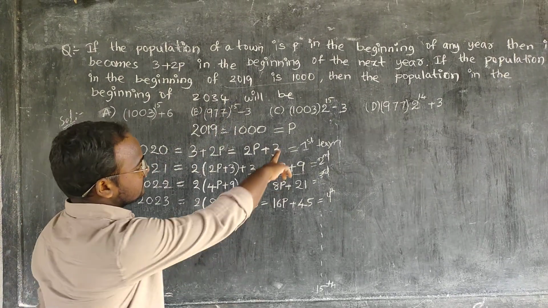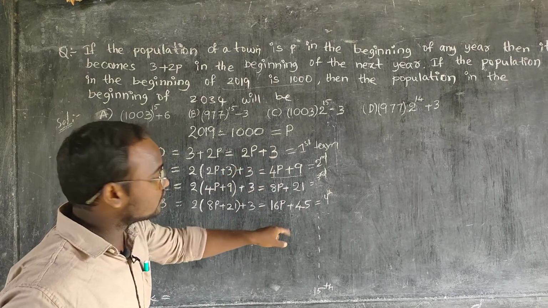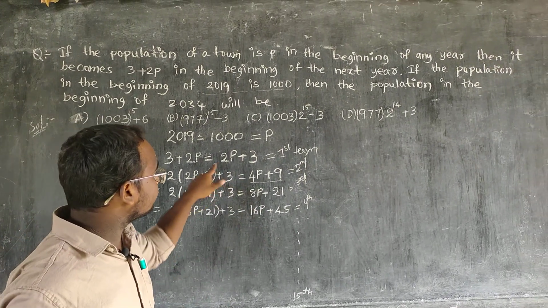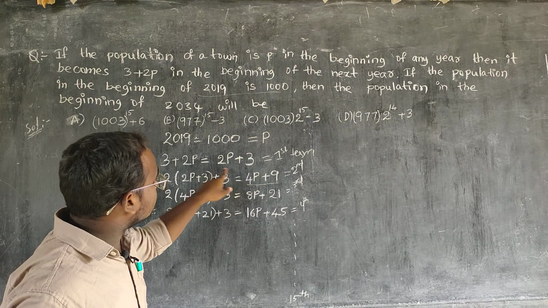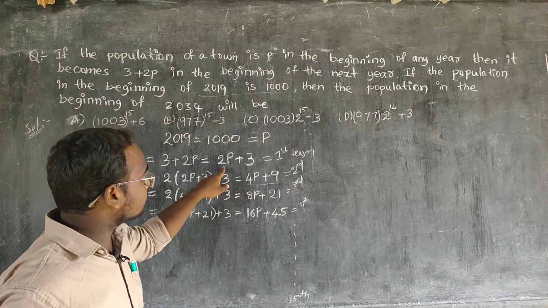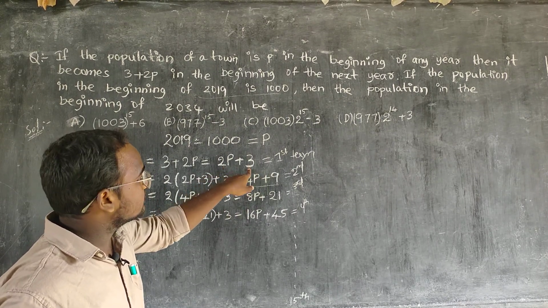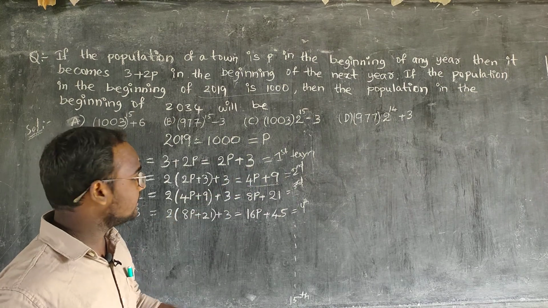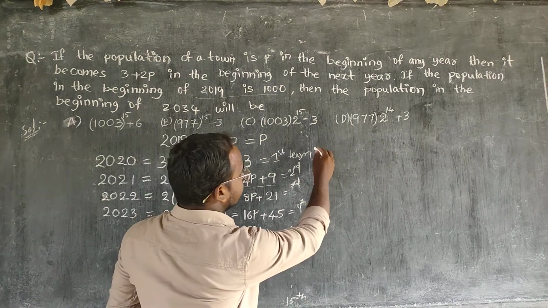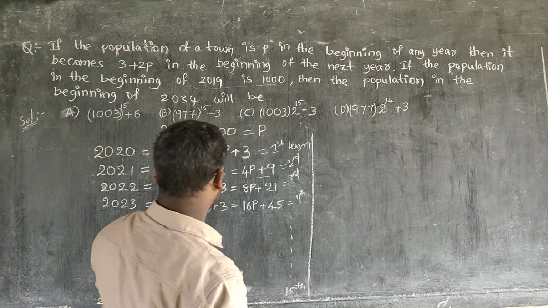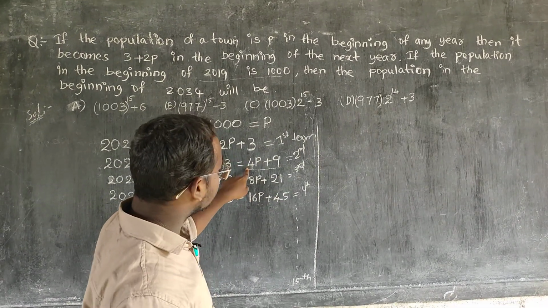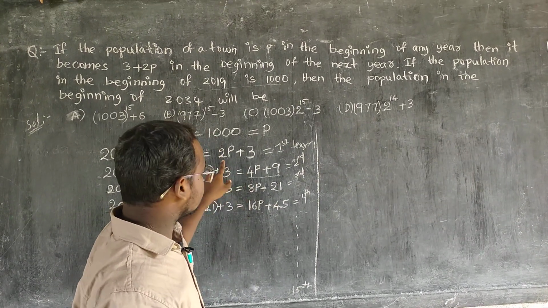How to solve this relation between these terms? Observe here, in each term, 2 parts are there: the part having P and the single numerical value. I am separating these P values here. 2P, 4P, 8P, 16P.